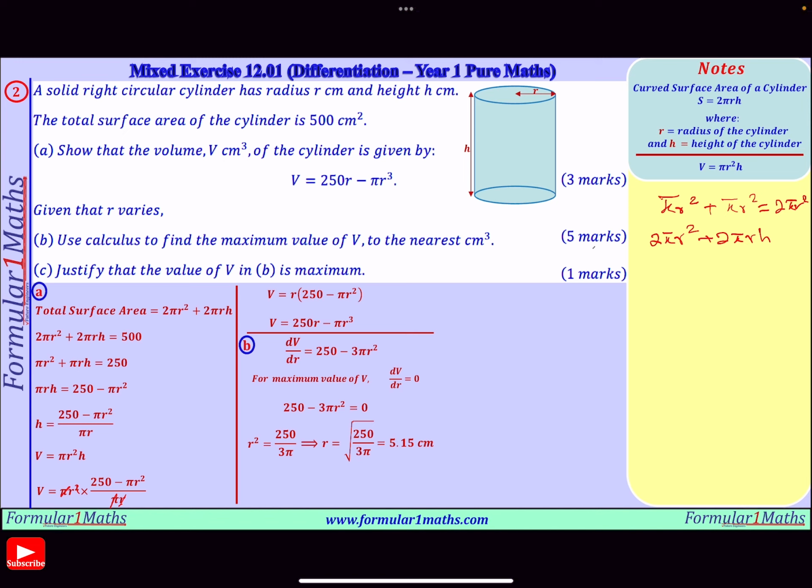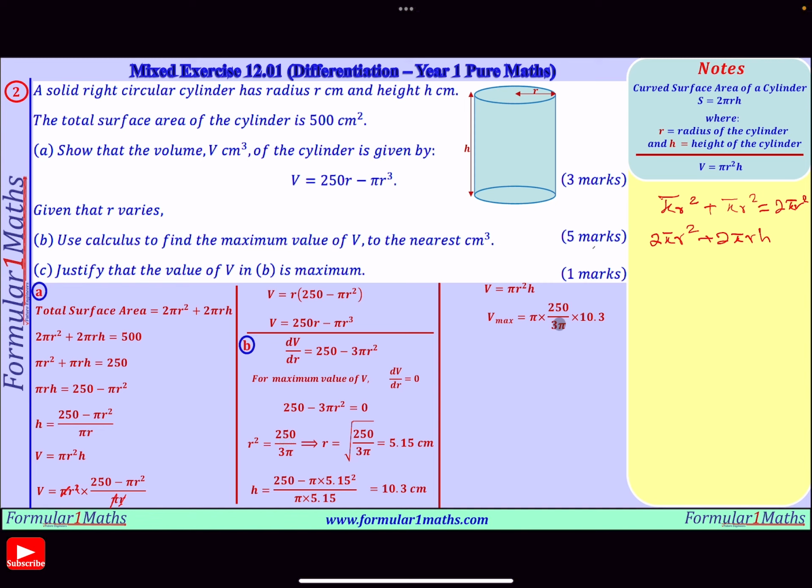We can use this value here to get the height by substituting 5.15 into this equation here to get h. So let's do that. We get the following, and evaluating gives 10.3. So the height is 10.3. But we know that the volume is given by pi r squared h. So for the maximum volume given by V max, we get pi times r squared, because r squared is given by 250 over 3 pi.